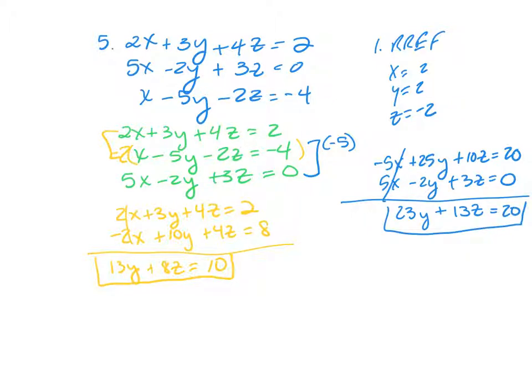So now we have the 13y, 8z, and 10. I'm going to put the 23y, except I'm going to do it right. 23y plus 13z equals 20.